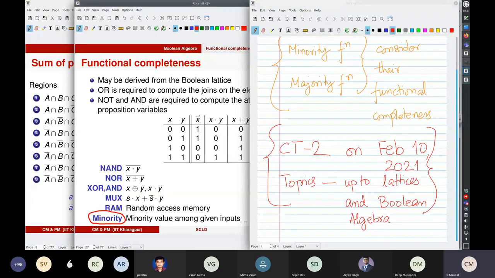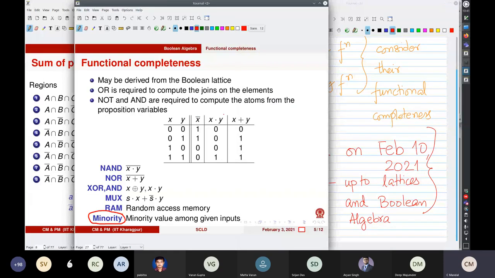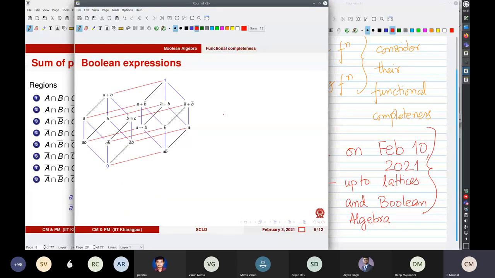This is your exercise on minority and majority functions. These are various Boolean expressions.